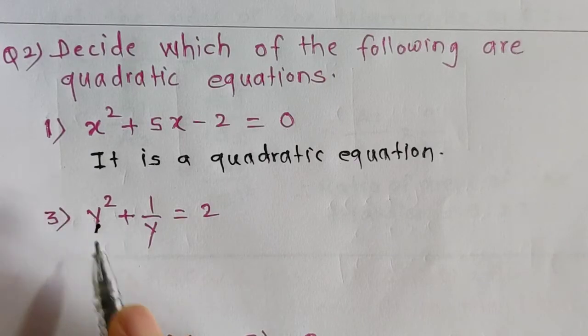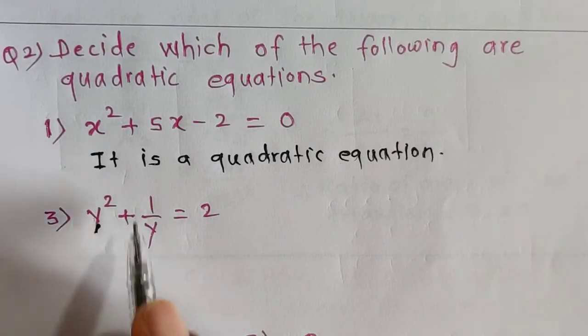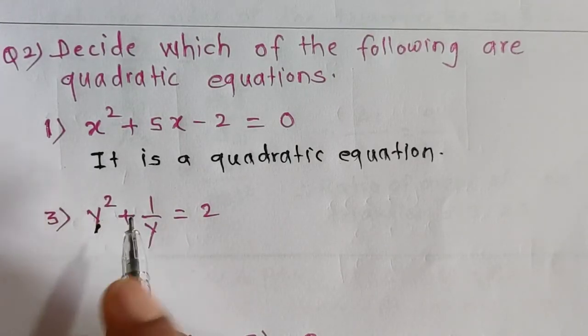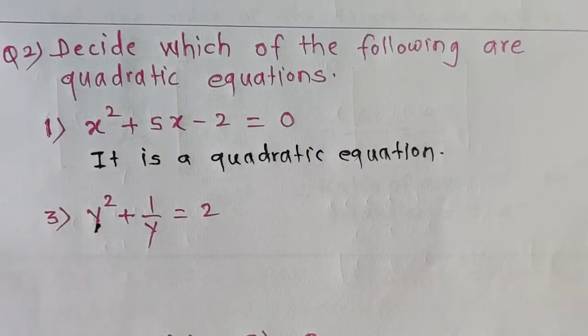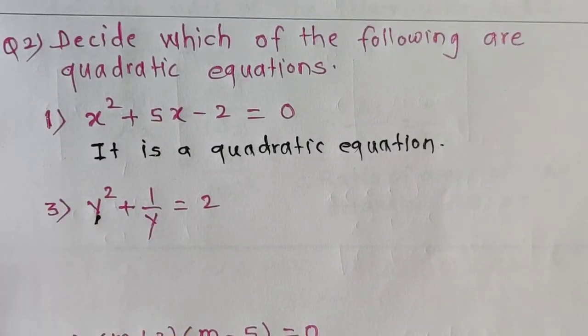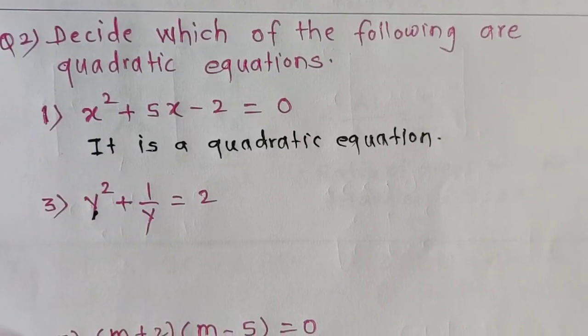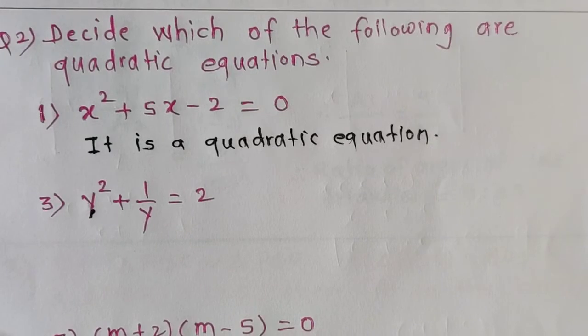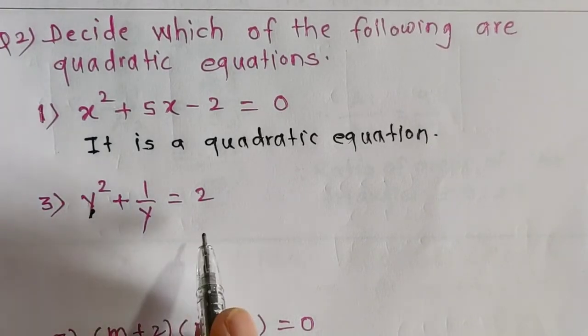Now in this case, the highest index is 2, but there is y in the denominator. So first simplify this equation. Without simplifying, never decide whether the equation is quadratic or not. So multiply by y.